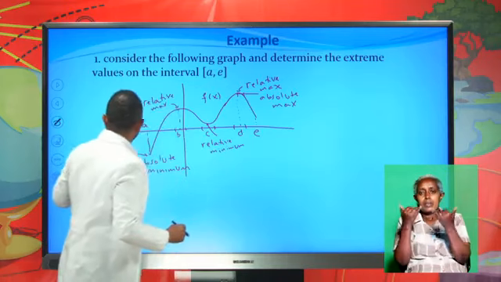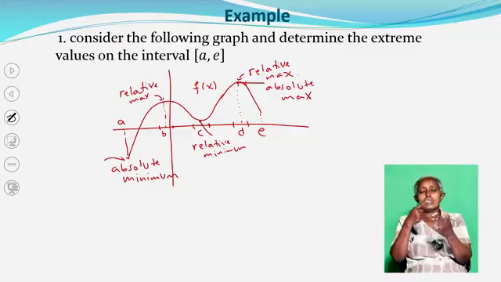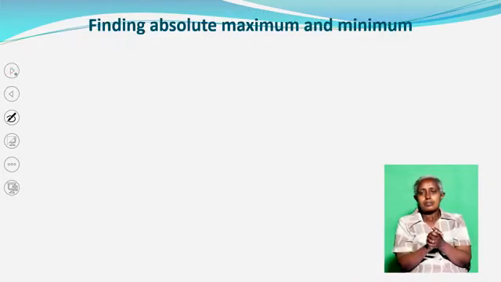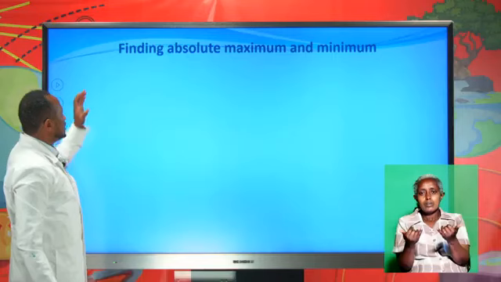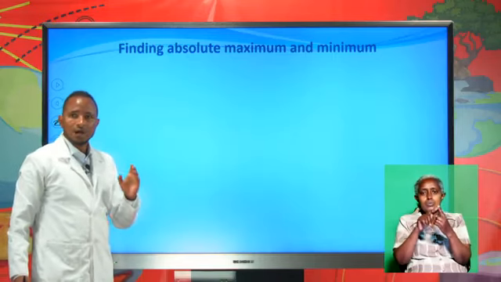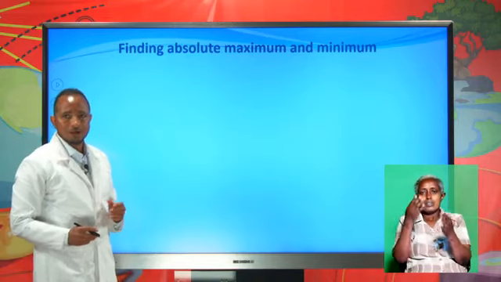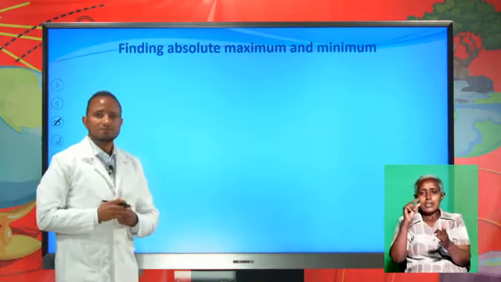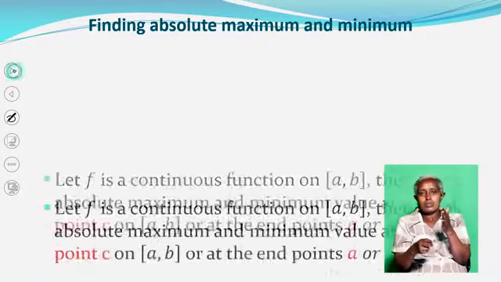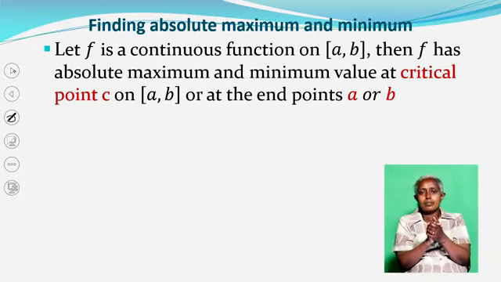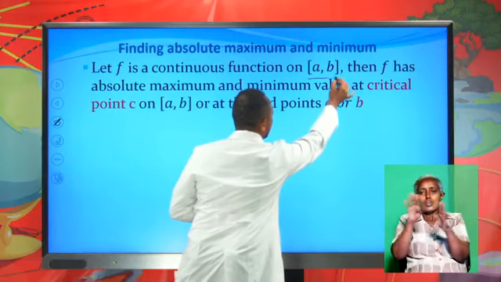Okay, now let's continue to the next part. Now, let's see how to find absolute maximum and minimum values. Let f be a continuous function on a closed interval [a, b].